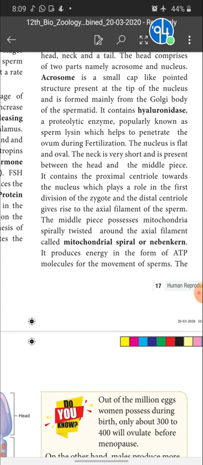The middle piece possesses mitochondria spirally twisted around the axial filament, called the mitochondrial spiral or Nebenkern. Okay, so the middle piece consists of mitochondria in a twisted form. It produces energy in the form of ATP molecules for the movement of sperms.